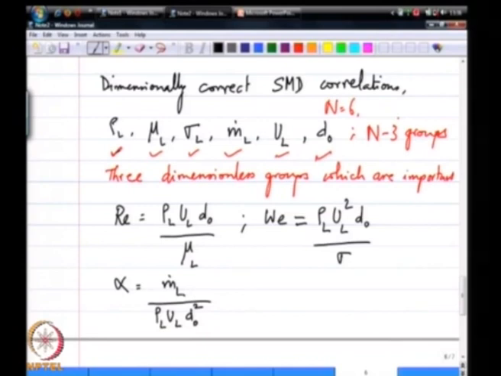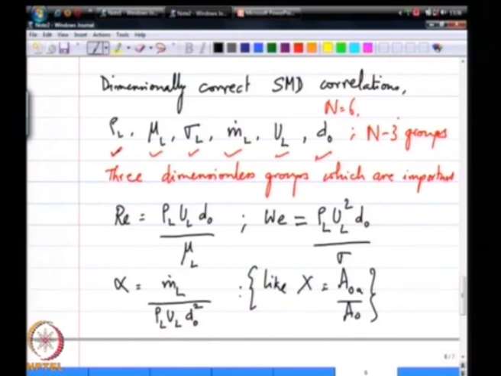The numerator is the actual mass flow rate m dot L. Okay, so, if you go back, this is like our x, which is the area of the air core divided by, although not exactly the same, it is like our x essentially. It gives us the effect of the air core at the exit.